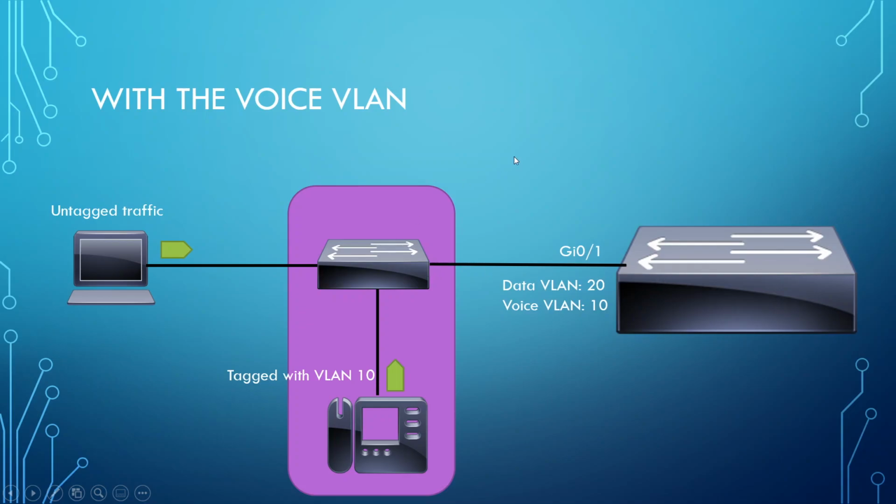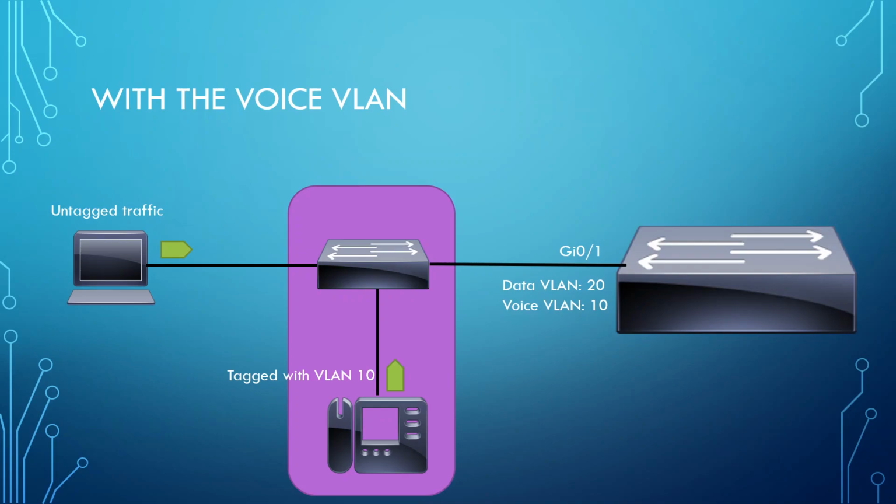This allows us to connect our computer into the IP phone and then run a cable from the IP phone into the switch, taking up only one switch port and supporting the IP phone and the computer over a single access port, which allows us to support 2 different VLANs on a single access port.